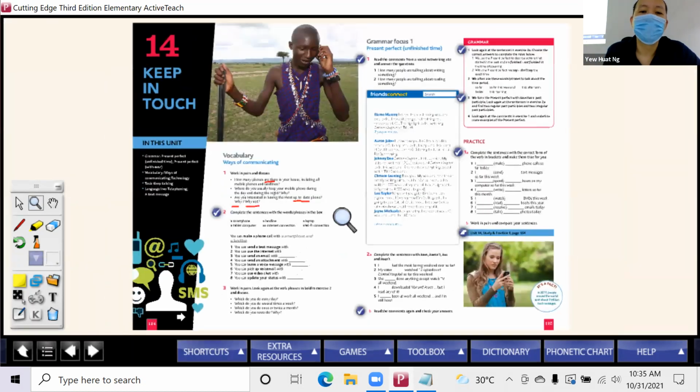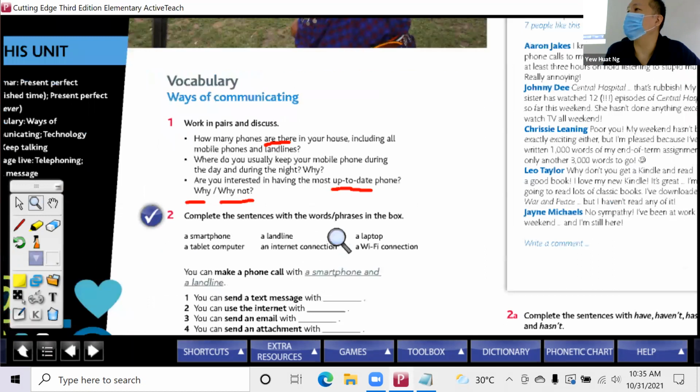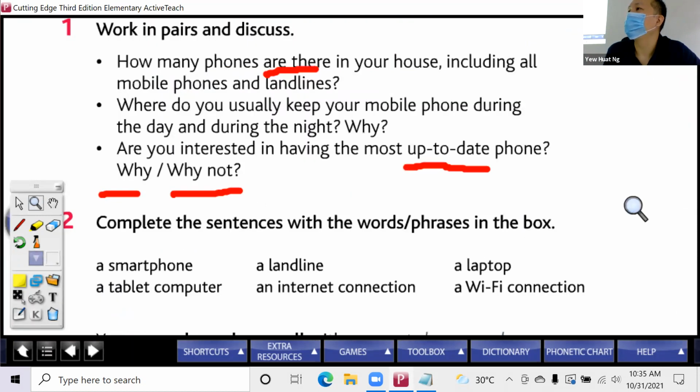Ying Hao, are you interested in having the most up-to-date phone? Why? Huh? No, wrong. You understand it wrongly. The most up-to-date phone. That means the latest phone. Latest, that means what phone is yours? Oh, iPhone 13 Pro Max.